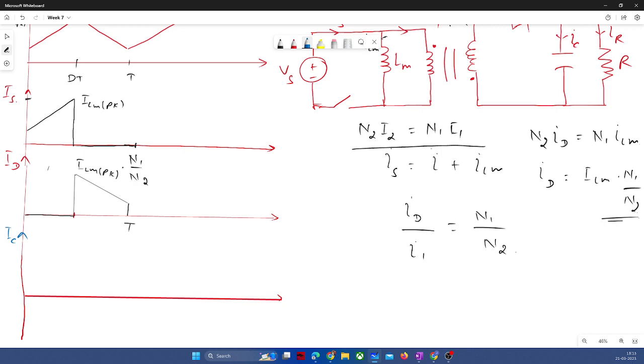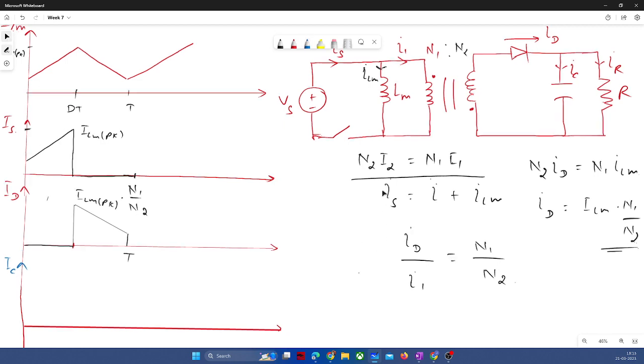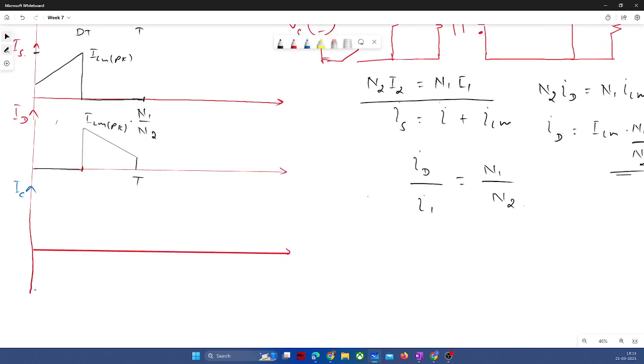So when our switch was on, our diode was off, right? And when the diode is off, this IC will be equal to minus IO or minus IR, and since IR is our DC component, that creates minus IR.